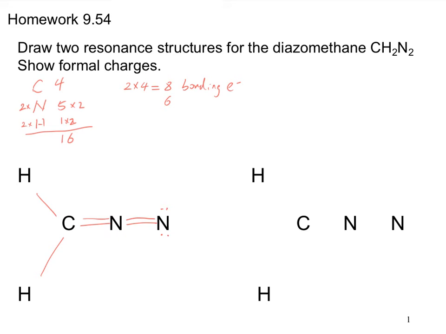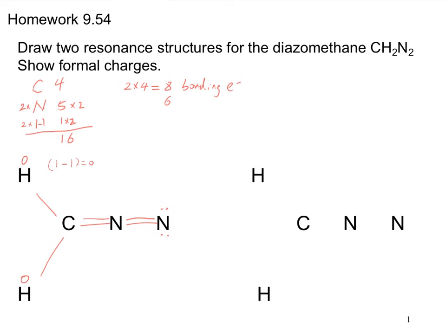So everything looks good. Now let's look at the formal charges. The formal charge on hydrogen is 0, because the hydrogen atom has 1 valence electron, now has 1 bond, no lone pairs, so 1 minus 1 equals 0. Same for the other hydrogen.